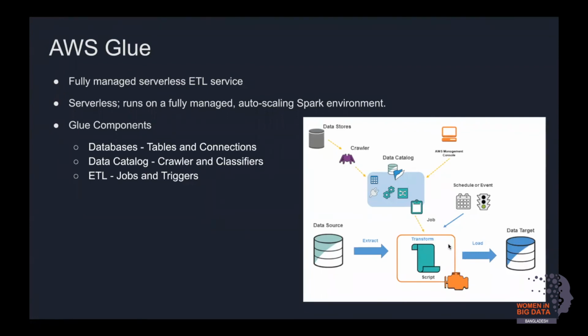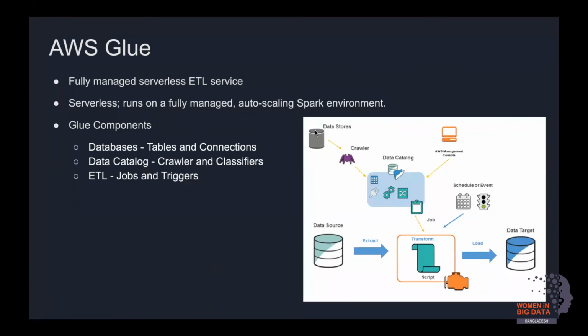Glue you can think of as a broader umbrella, which has different services. There is a crawler, there is a catalog, you can schedule the events, and there is a job where you do the transformation, and then you can extract the data from the source, perform the transformation, and load. You don't need this from a cloud practitioner perspective, but the crawler crawls the data, understands what the schema of that data is, right?